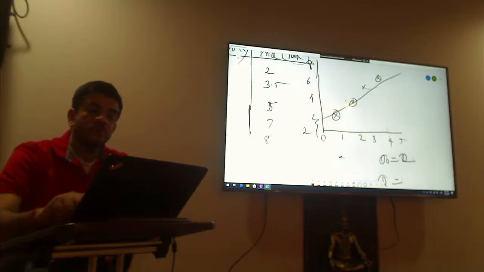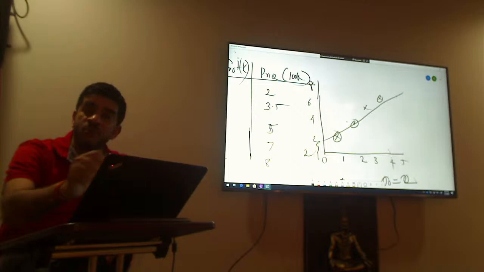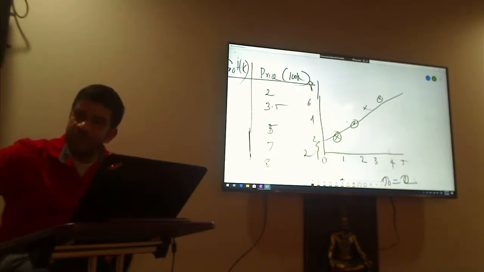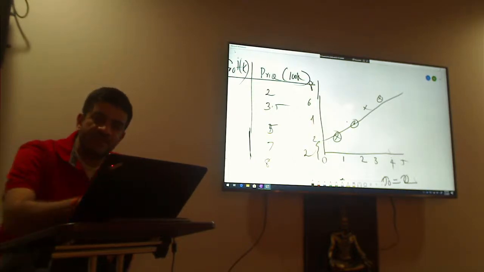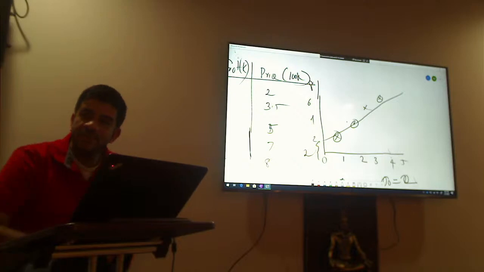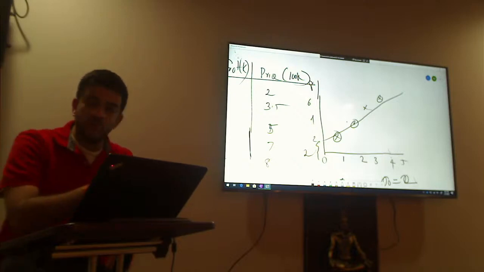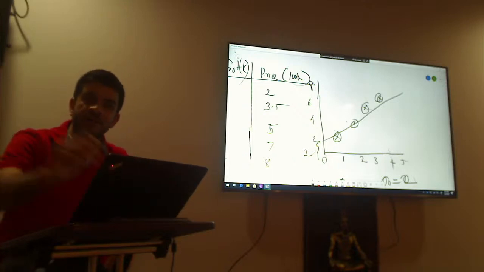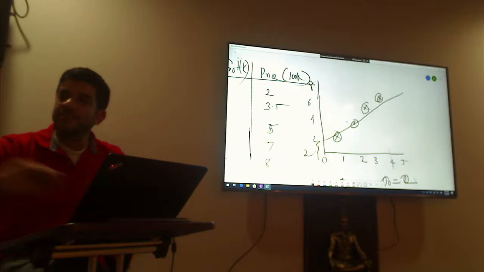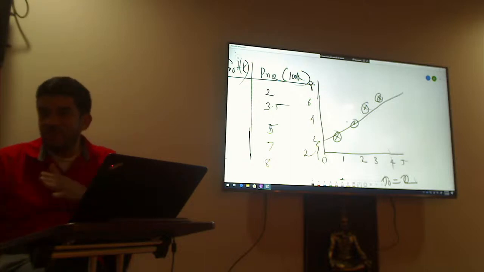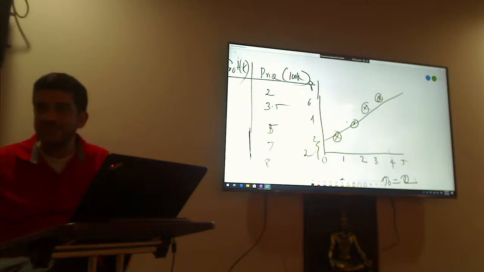I try to connect the maximum dots. I'm trying to draw a straight line because these were the points. I already marked the coordinates, and then I can just try to connect the maximum. My goal is to touch the maximum points in one straight line.